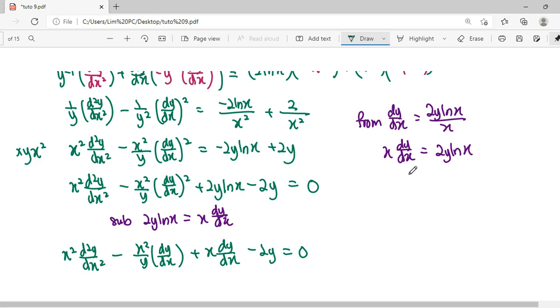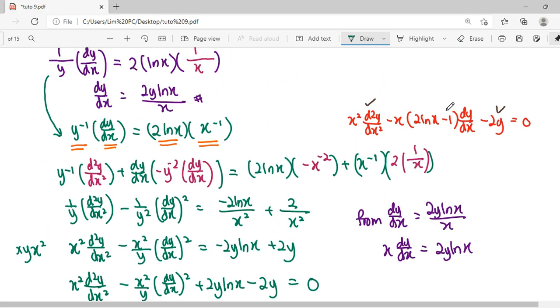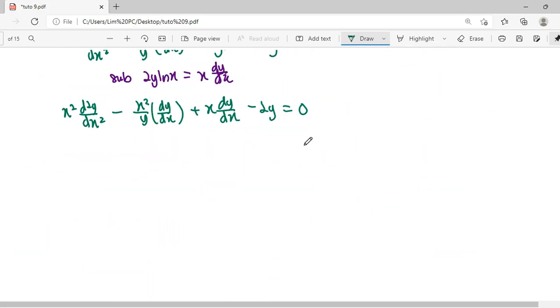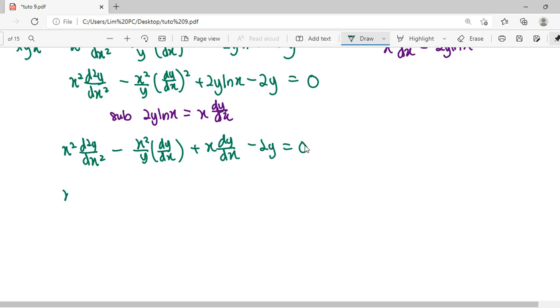Okay, so lastly we can factorize out. So this is a result. We factorize out our negative x and factorize out our dy/dx.